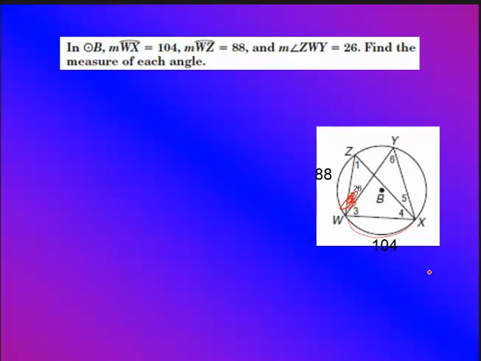Okay, well, how are we going to do that? Angle 1, let's just go in order. Angle 1 intercepts this 104-degree arc, so we just have to cut that in half. Wait a minute. Let's go backwards.